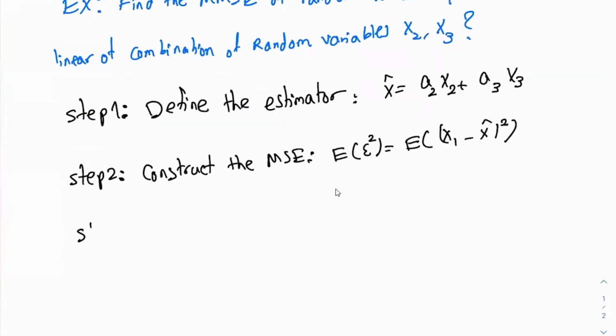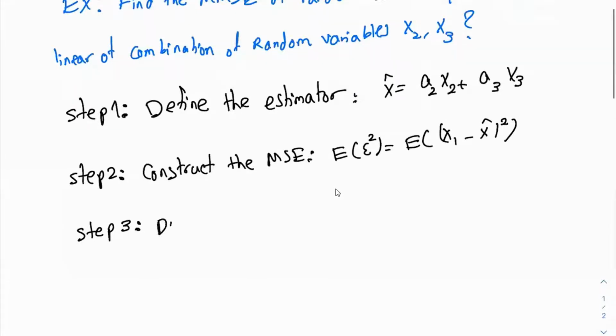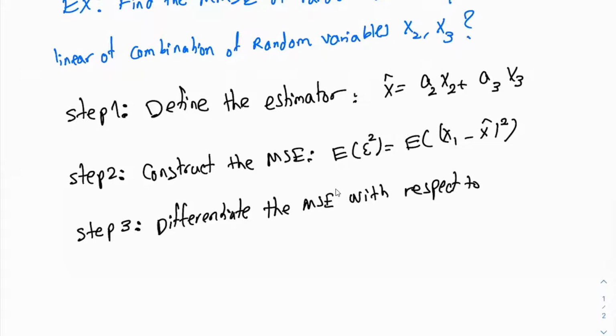Now, step 3. First I will tell you the steps and then we will go to each step in detail. Step 3, differentiate the MSE with respect to a2 and a3, right?